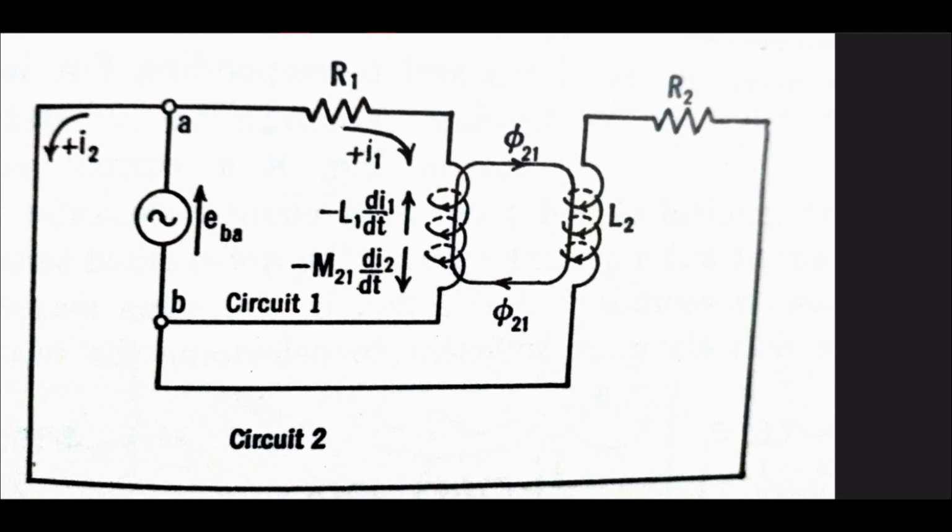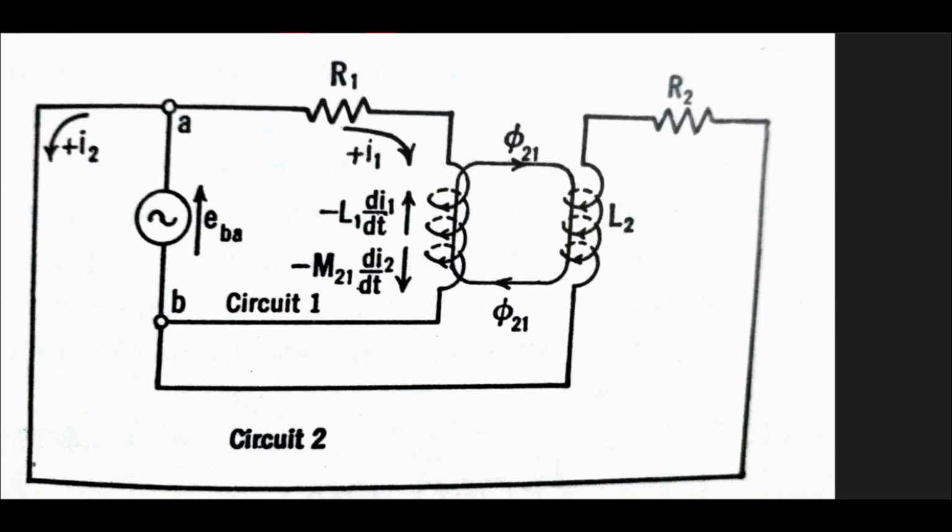And similarly, if you tag incoming current towards a node as negative, then you have to follow that convention for tagging other currents.